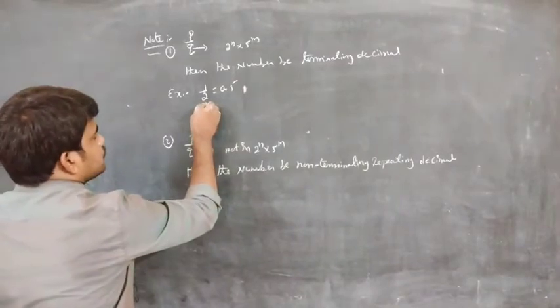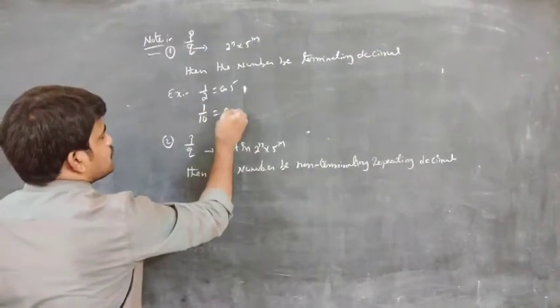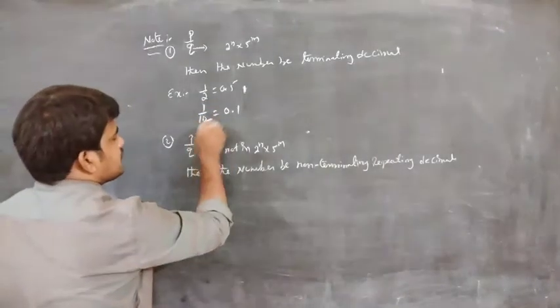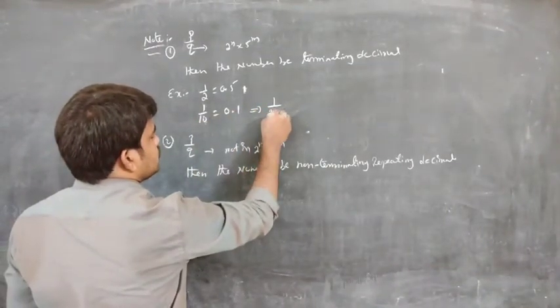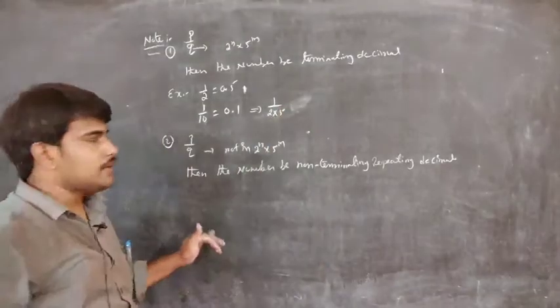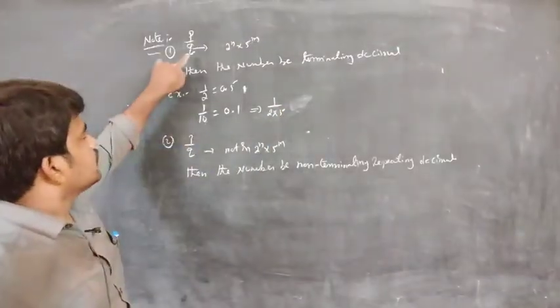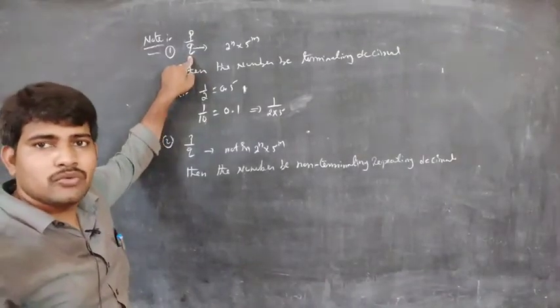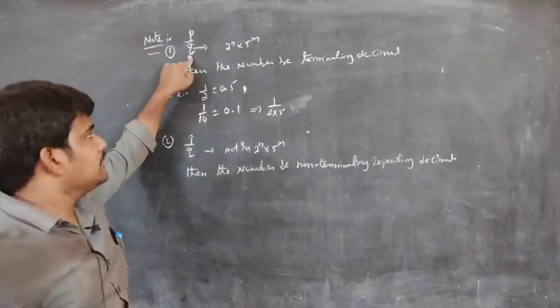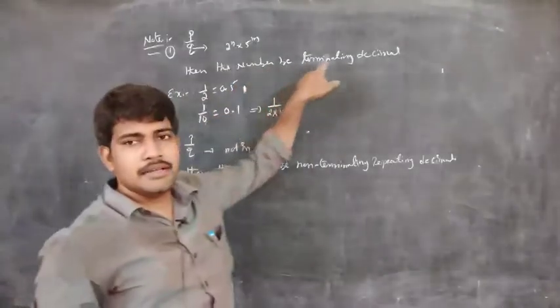Next, for example, 1 by 10, that means 0.1. So 10 is 2 into 5, a terminating decimal. So the denominator must be 2 power n or 5 power m or 2 power n into 5 power m. Then the number is a terminating decimal.